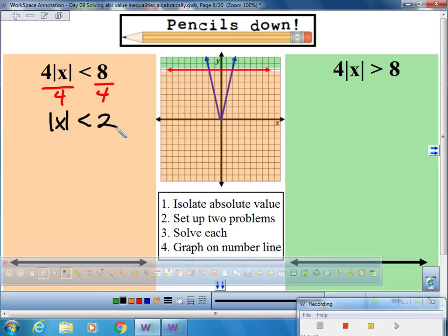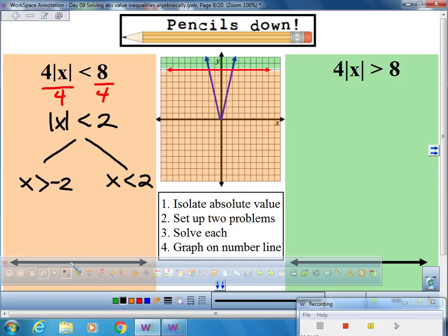My next step is to set up two problems. I have x is less than 2, and on this side I need to flip the sign and say x is greater than negative 2, because I just applied a negative. Make sense? Good. And we're done. That's it.